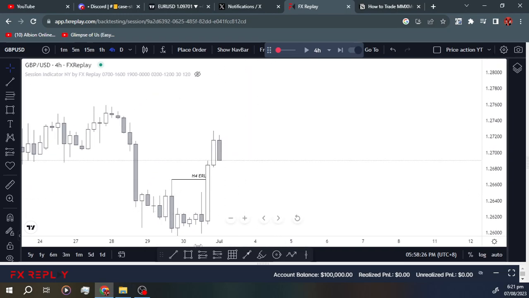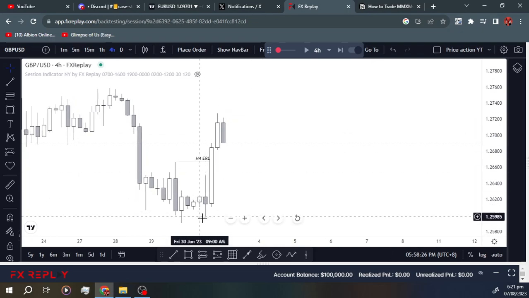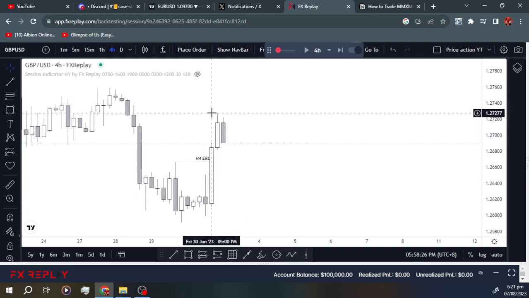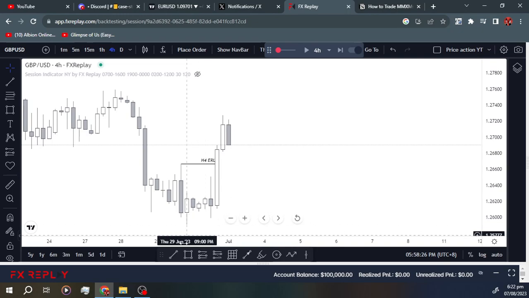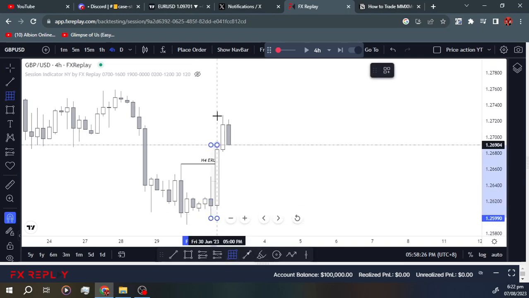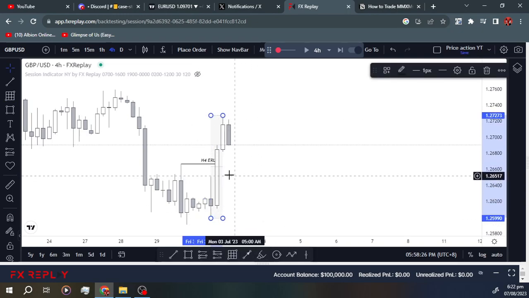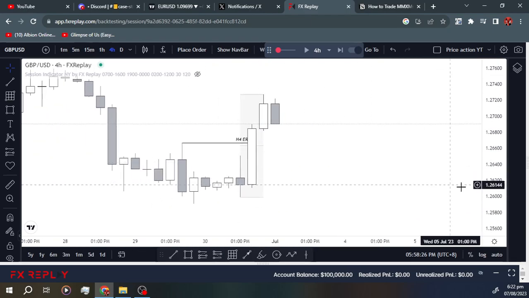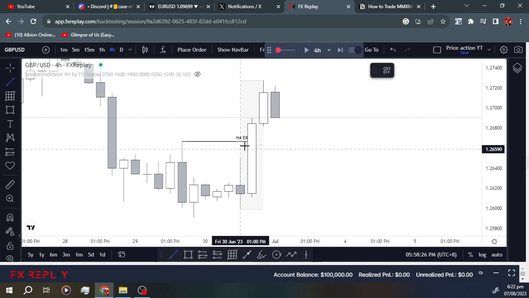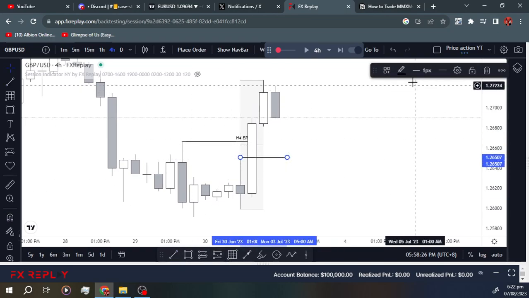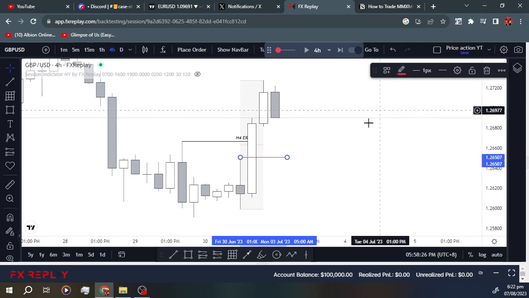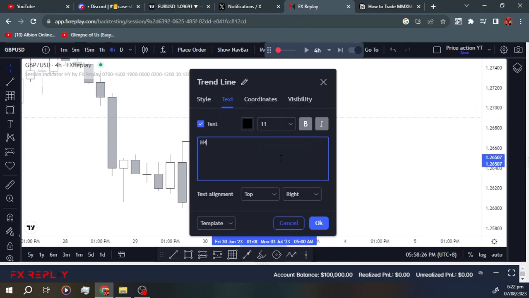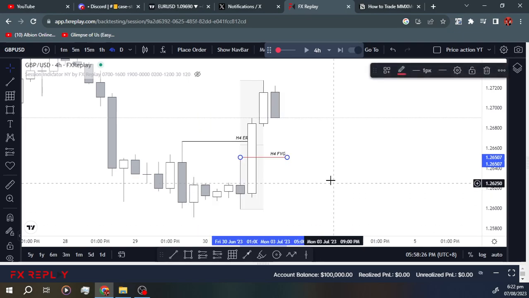As you can see, we have our swing high and swing low. This will be your premium and discount. Now we have an H4 order block, an H4 fair value gap.